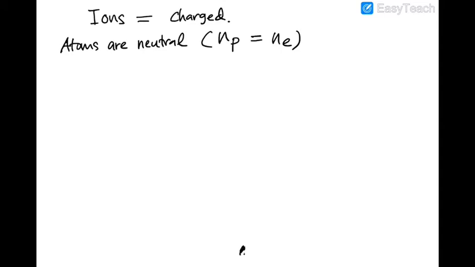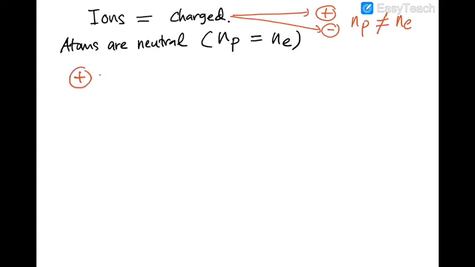They are charged. They could be, of course, positively charged. They could also be negatively charged. In this case, the number of protons is no longer equal to the number of electrons. The one that is positively charged we call the cation, and the one that is negatively charged we call the anion.